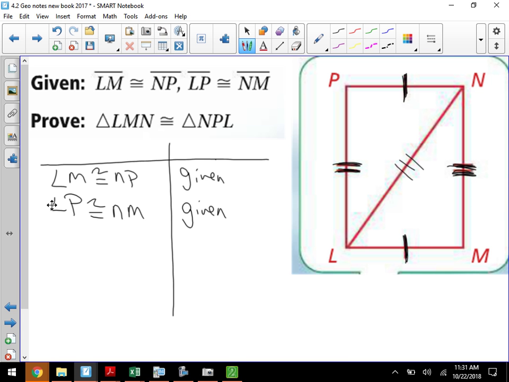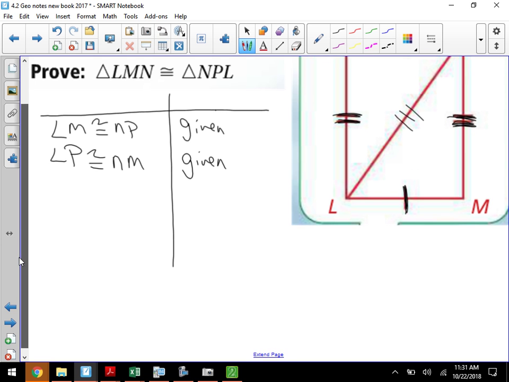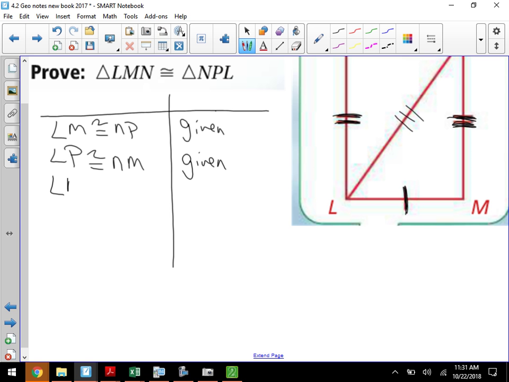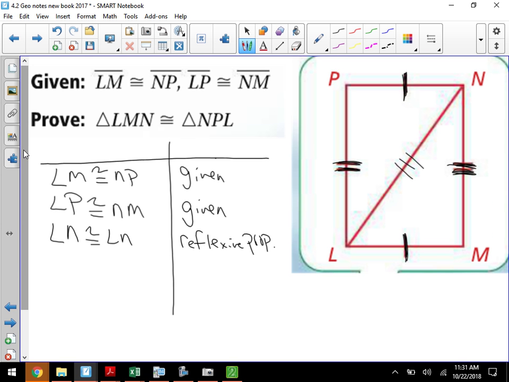Now, when you have that shared side, according to your progression sheet, you have to say that it's congruent to itself because of the reflexive property.